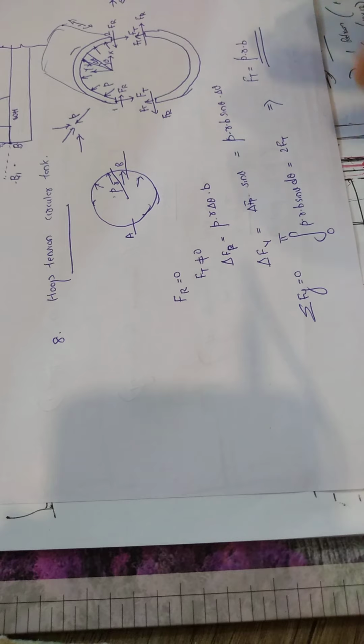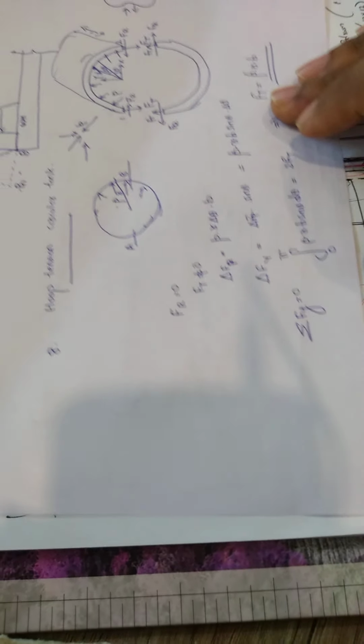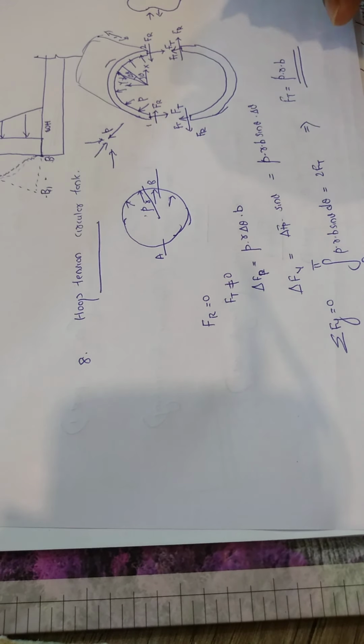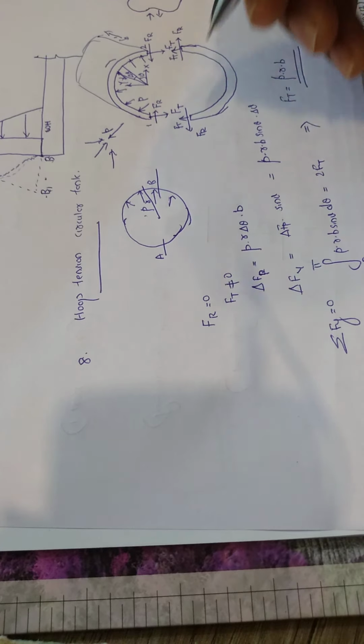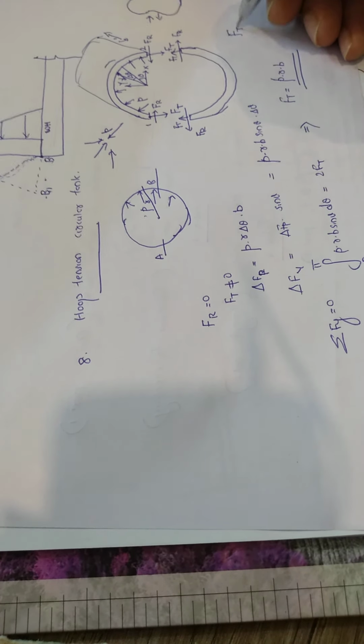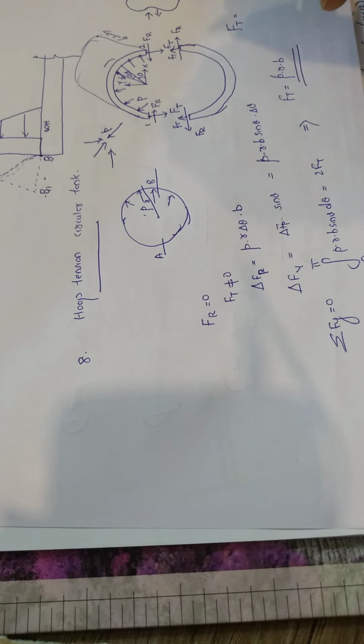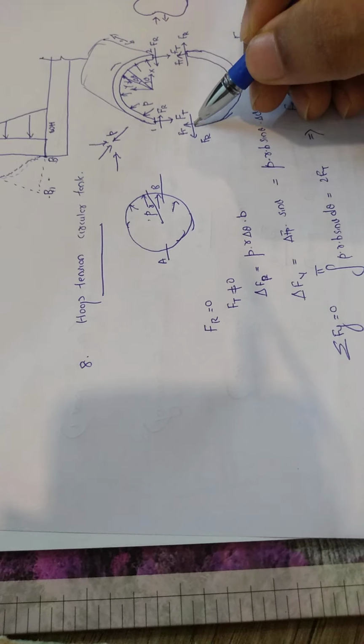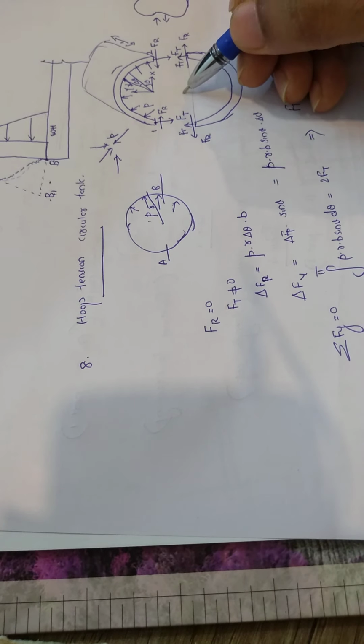Instead of going through this rigorous integration, if it is difficult, we can also find that Ft will be the force on the projected area. From this figure itself, we can see that this is 2r.